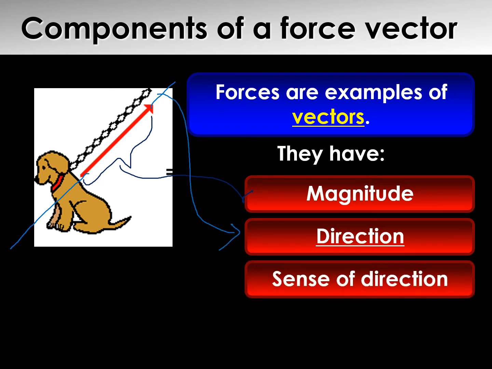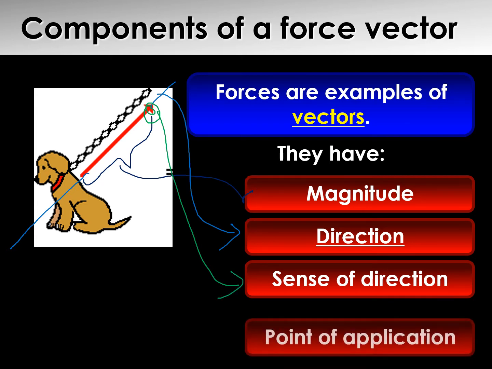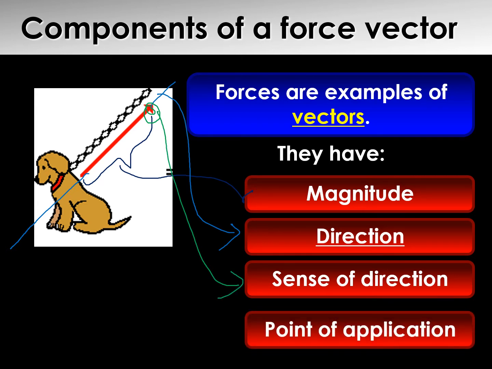You have the sense of direction, and that is where the arrow is pointing. So in this case, it's pointing up and to the right. And finally, you have the point of application, that is the origin of the arrow. For example, right here, that is where the arrow started.